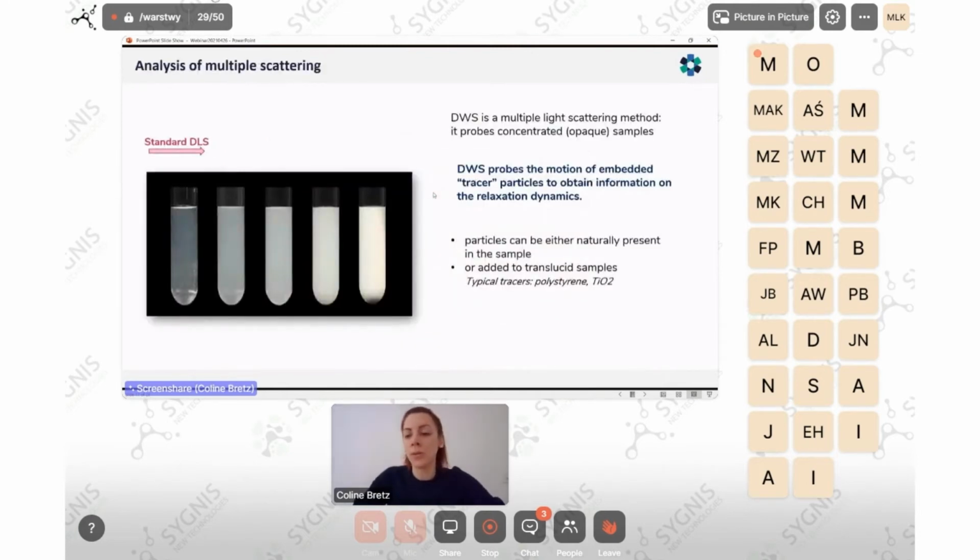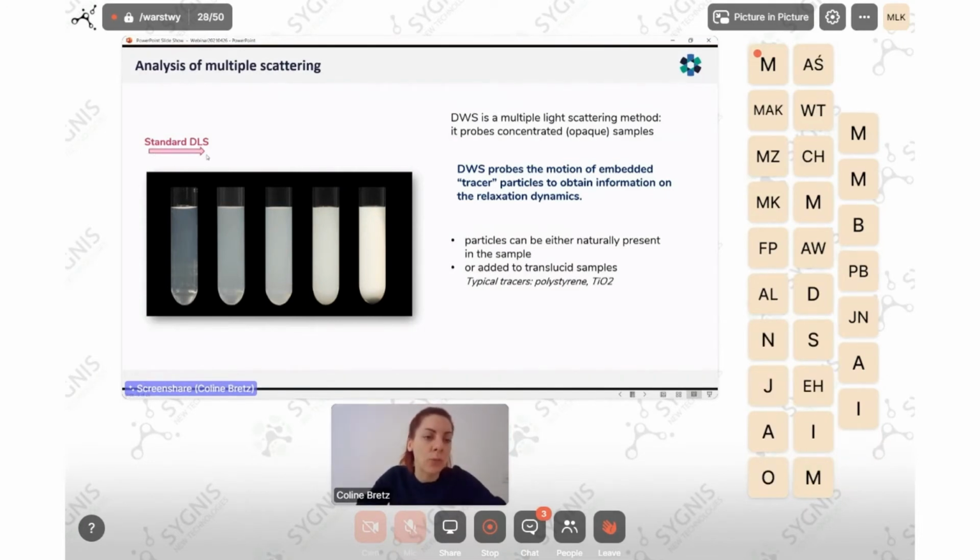What I was talking about earlier with DLS, we saw this picture here of several samples. This one is very dilute, this one is very concentrated, and this is what standard DLS would typically be able to measure reliably. We can use modulated 3D DLS to measure extremely concentrated samples without having to dilute them. In DWS, it's very different, because in DLS we tried to measure single scattering and we wanted to suppress multiple light scattering.